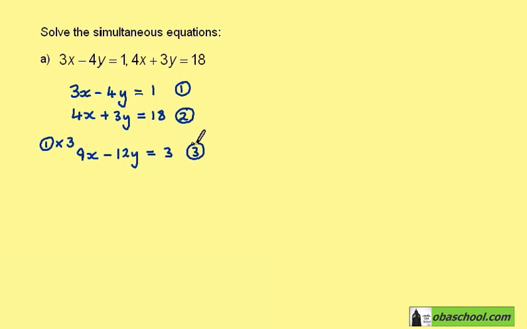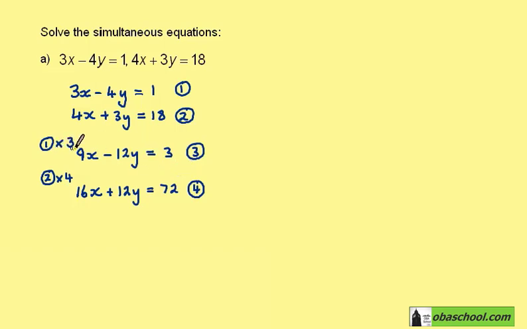And then we're going to multiply equation 2 by 4. 4 4s are 16, so we have 16x's. 4 times 3y is 12y. And then 4 times 18 is 72. So we've formed equations 3 and 4.